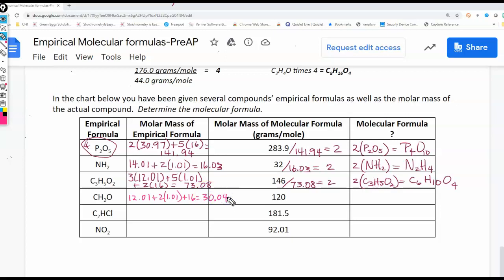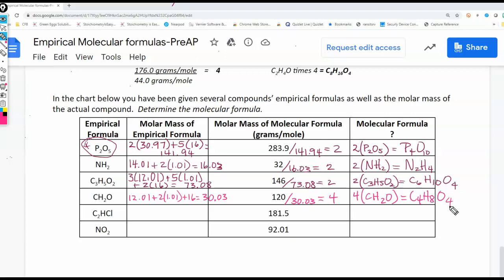Whoops, I wrote 04. Hold on. 30.03. Now I'm going to divide 120 by 30.03, which is going to come out to approximately 4. So that means my factor this time is a factor of 4, and I'm going to multiply that by the empirical formula CH2O, so I end up with C4H8O4. And you can see how this continues.